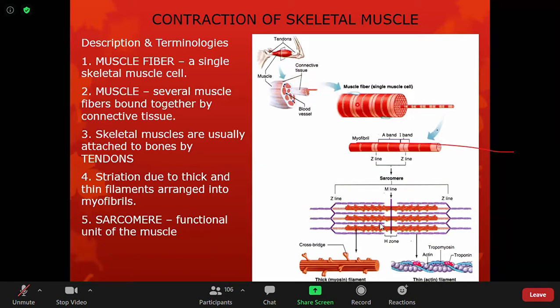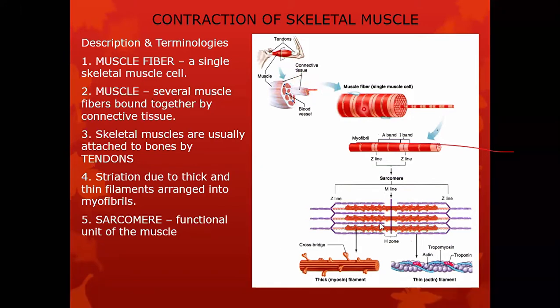Now these striations are due to the thick and thin filaments. The sarcomere is the functional unit of the muscle, from Z line to Z line, this light portion to the next light portion.